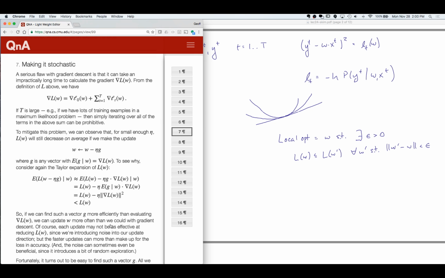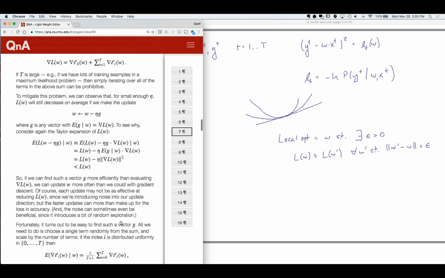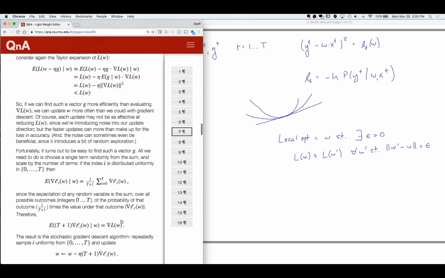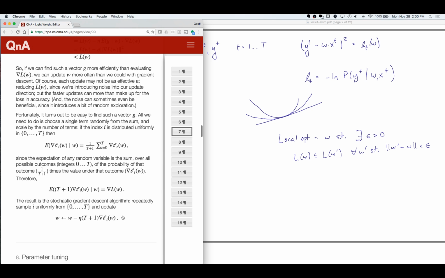Fortunately, it turns out to be really easy to find a vector g that approximates the gradient. All we have to do is choose a single term randomly from our sum and then scale by the number of terms. So if we take our index I uniformly distributed from 0 through T, then the expected value of the gradient of L_I of W given W is equal to the sum over all possible values that I could take.